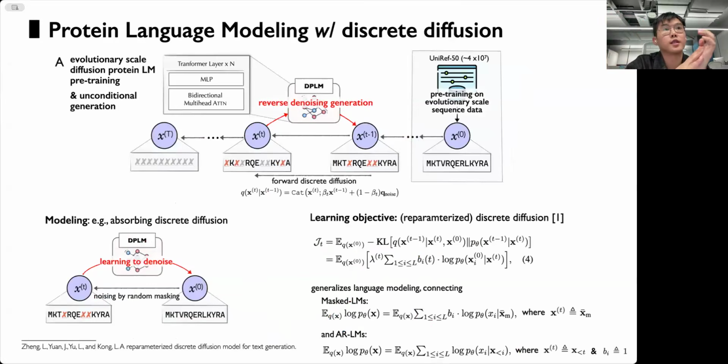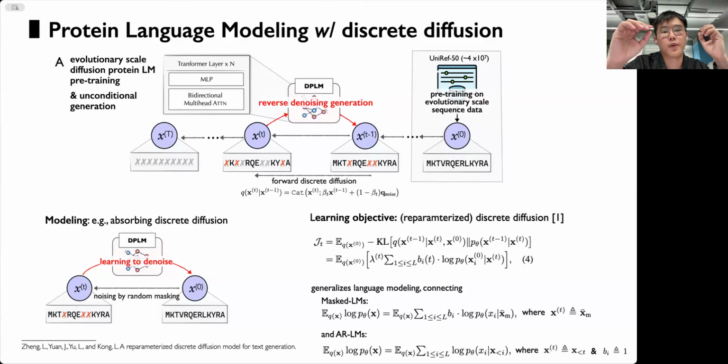To be more specific, in the paper we mainly investigated the absorbing variant of discrete diffusion, because the noising process of absorbing diffusion is masking a proportion of the protein sequence data using a mask token.